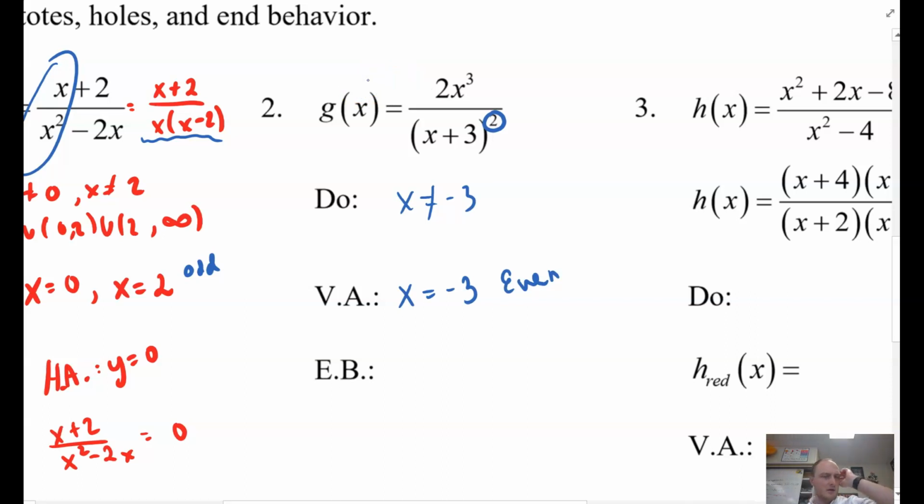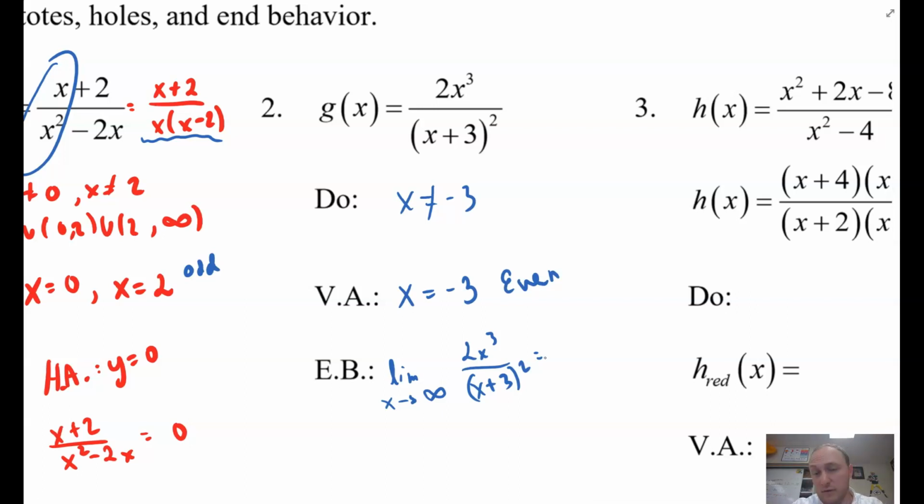And then our end behavior. So what is the limit as x approaches infinity for our function 2x cubed over (x + 3) squared? In this case, notice our numerator is dominating.